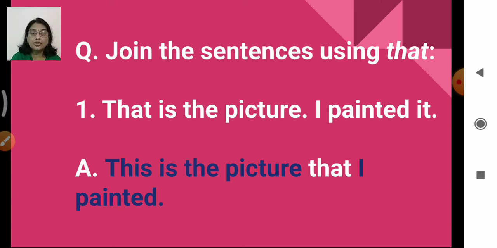We have changed that to this. Why so? Because we cannot have two thats in one sentence, right? That is the picture that I painted. No. So we have changed it here. This, we are again referring to it. This is the picture that I painted. Again the same thing we have done here.